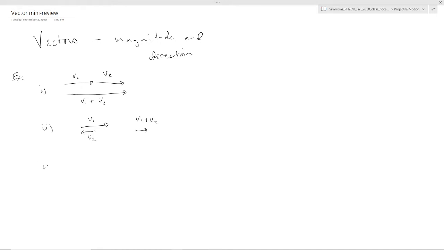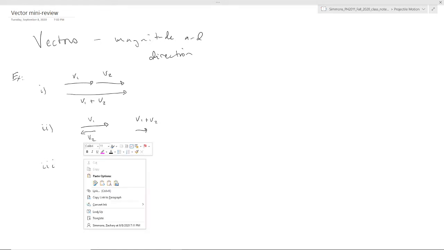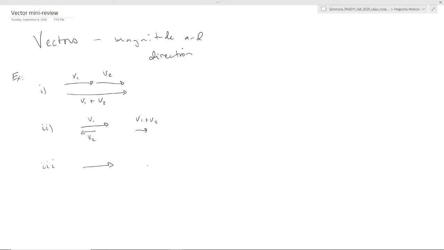And then, of course, what we're really interested in is if things are at angles to each other. So if you want to add a vector that's pointed like this with a vector that's pointed like this, you can do that graphically by simply, where one vector ends, you can start the next one, and the resultant vector will start where you start and end where the second vector ends.